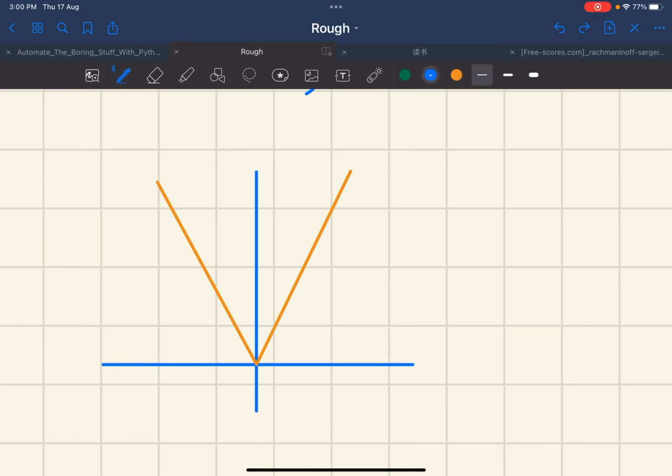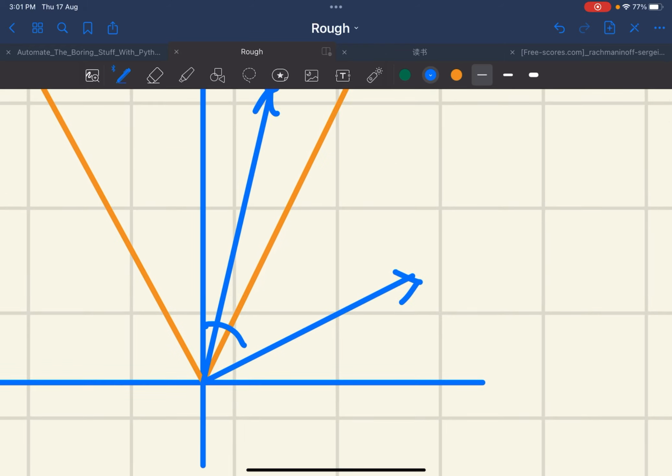And now vectors that can physically represent N plus F must have tails starting from here and their tips ending inside this region. If this tip is inside this region, this angle of deviation is less than θ, and therefore it is physically possible. Vectors with this tip outside of this region, the angle of deviation would be more than arctan μ, and therefore it wouldn't be a physical possibility.